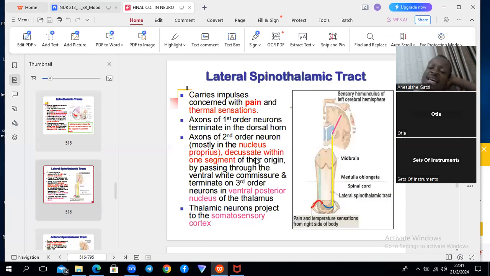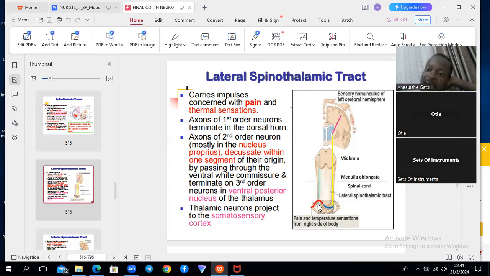And this lateral spinothalamic tract is the one that I said is pain and temperature. It crosses at the level of entry in the spinal cord. Only after you've understood that, then you can start adding fancy things. So this spinothalamic can either ascend 1 or 2 segments up or descend 1 or 2 segments down the spinal cord before decussating.